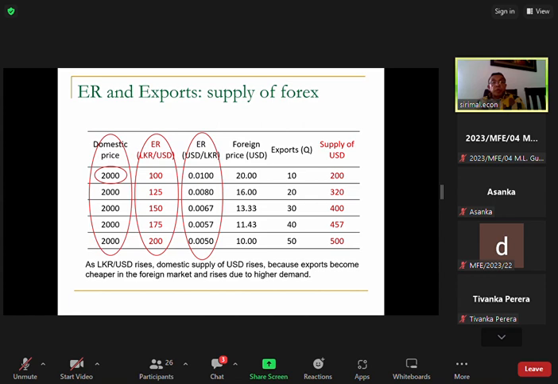It's important for our discussion. Now let's look at what happens. Under this price and this exchange rate, foreigners should pay this amount of dollars to buy 1 rupee.